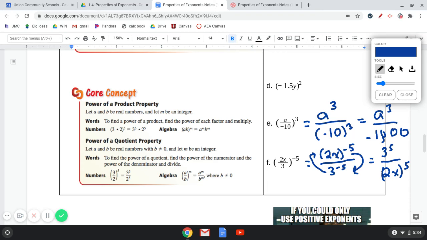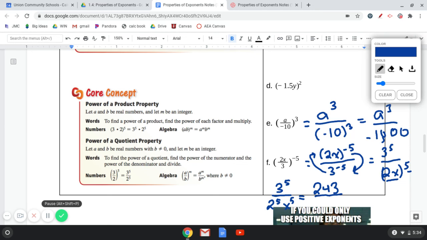We can simplify this one more time, folks. I'm just going to write it over here now, 3 to the 5th power over 2x to the 5th power. This is the same thing as 2 to the 5th power times x to the 5th power. And you could simplify this further. 3 to the 5th power is 243.